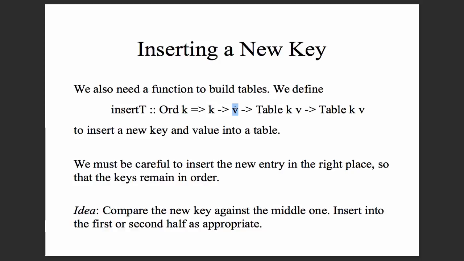Namely that whenever you build a table, all the elements which come before the one at the root must be smaller, and all the elements which come after must be bigger. That doesn't happen automatically. That's something we're going to have to make sure of when we define functions that build tables. And we're also going to probably want to check that with properties using QuickCheck.